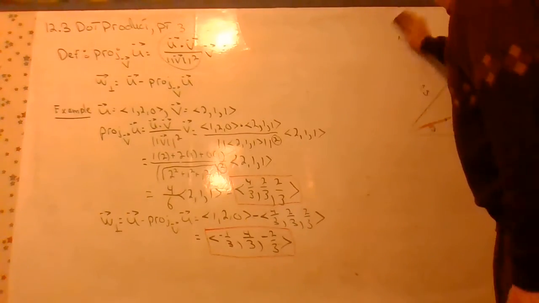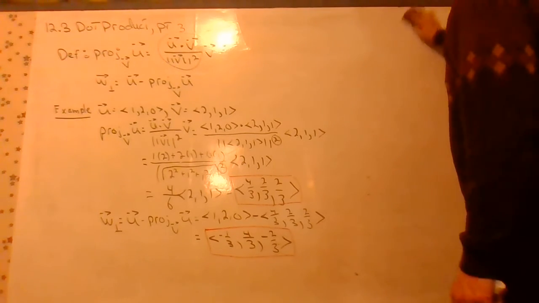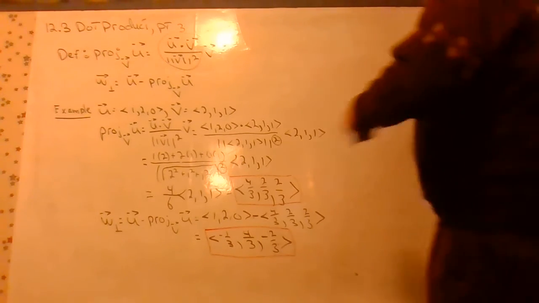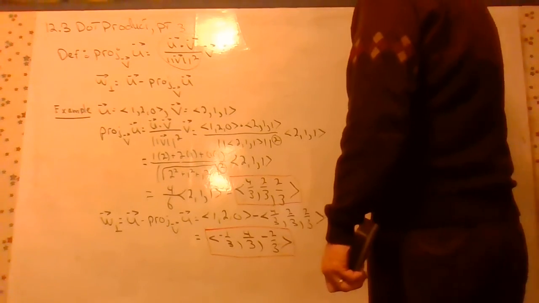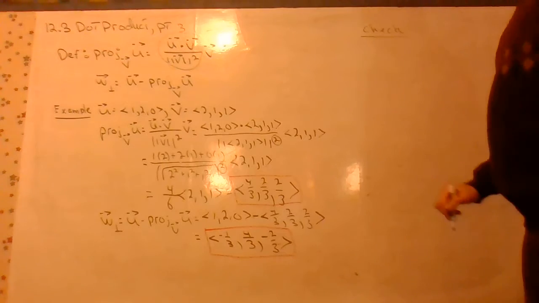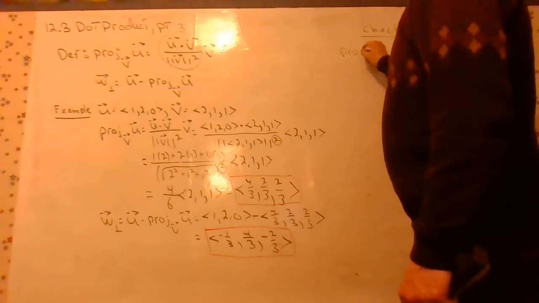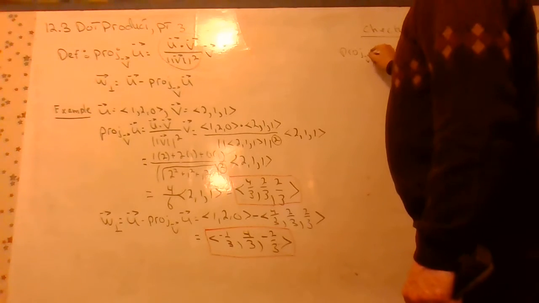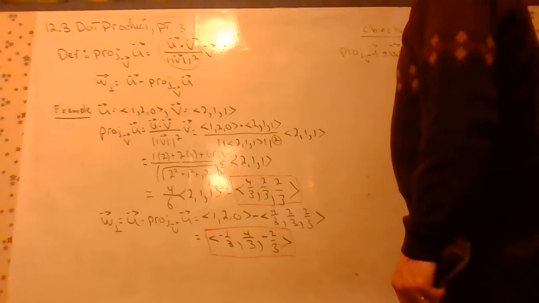A very simple check is good at reinforcing what the simple geometry is that's going on here. There's two checks. First of all, we're going to add these two vectors together. Projection of u onto v plus w perpendicular.